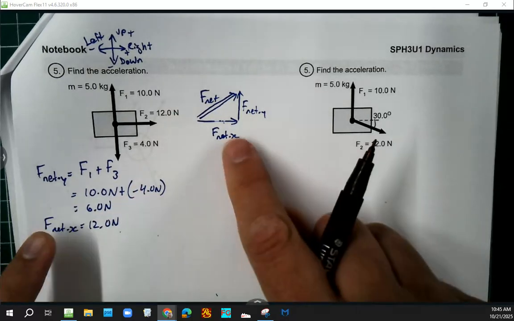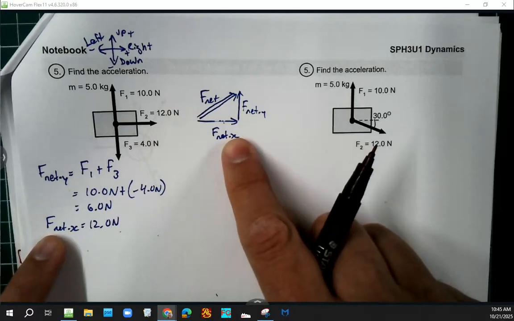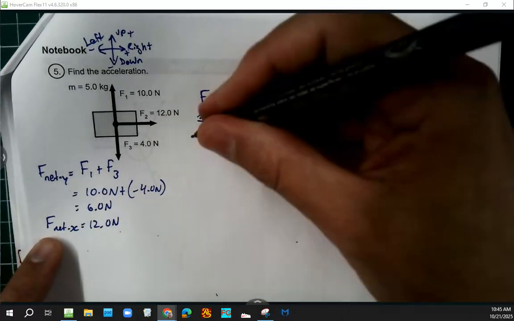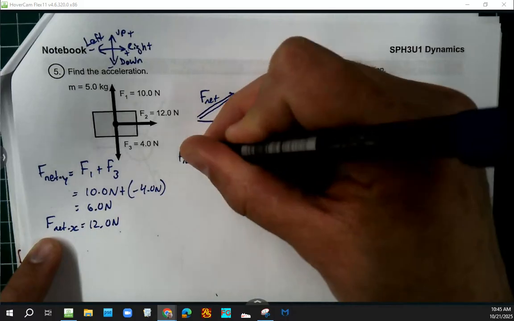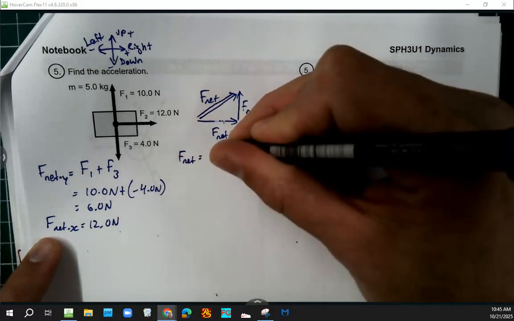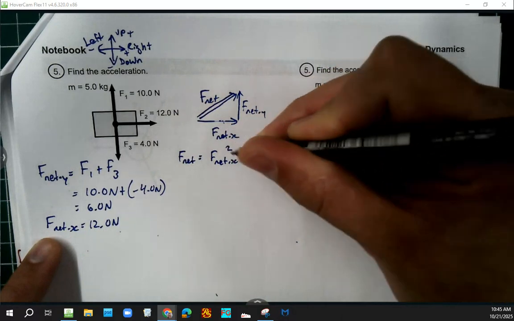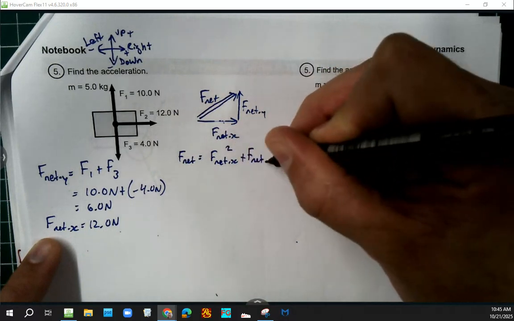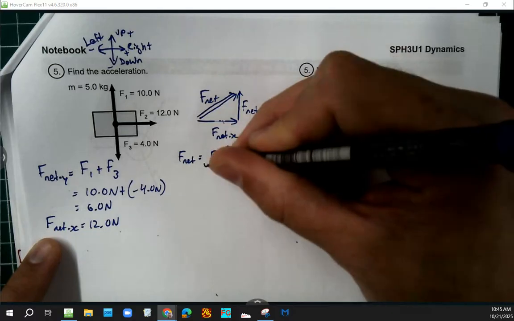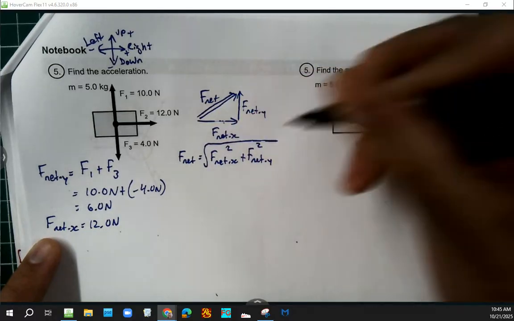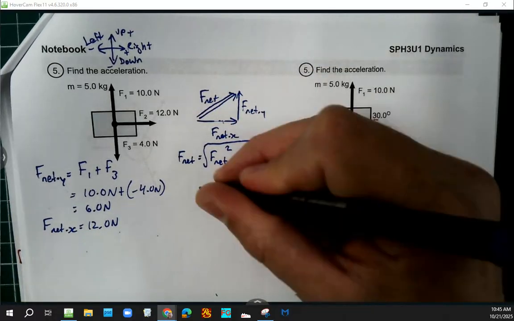Then I have this diagram on my hands. And I say, okay, well then that means that I should be able to get F net equals F net x squared plus F net y squared, all square rooted, should give me F net.